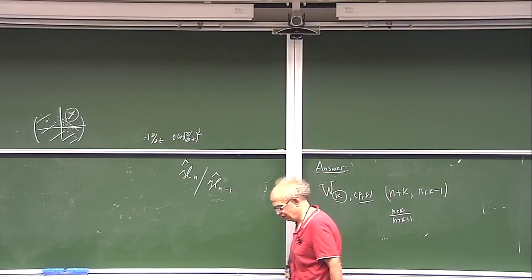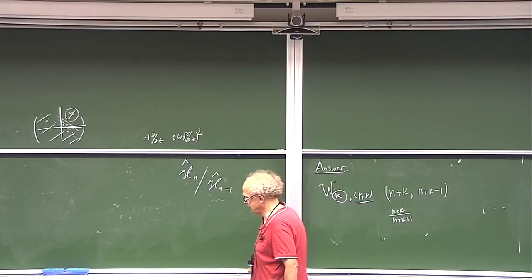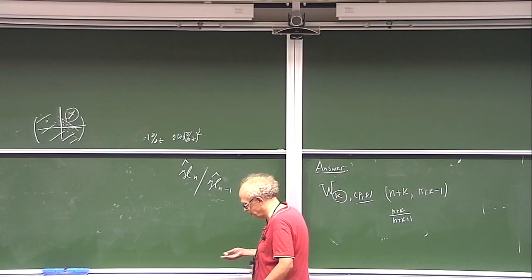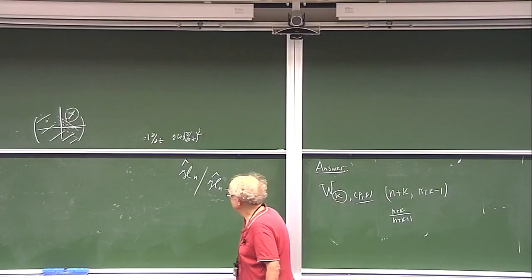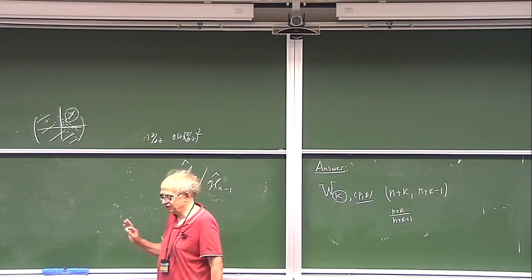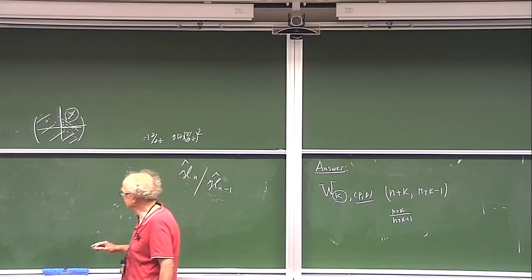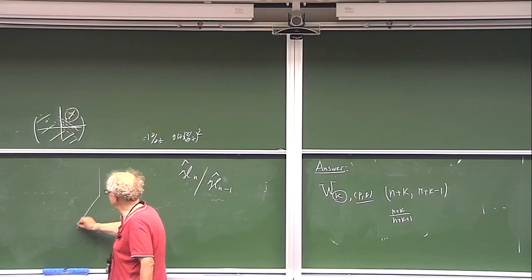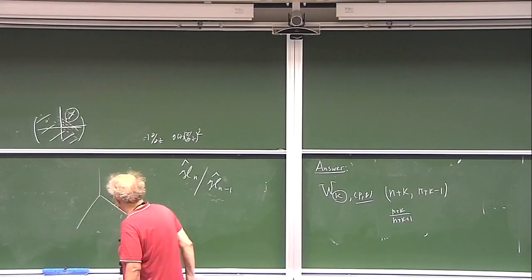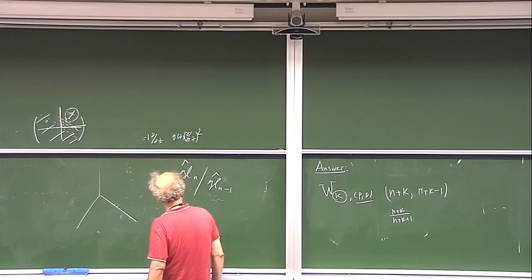Our knowledge says that some kind of Gelfand-Zeitlin like basis in this representation is labeled by plane partitions, and this plane partition is the following.